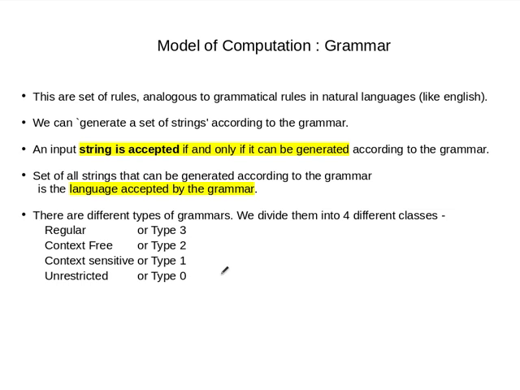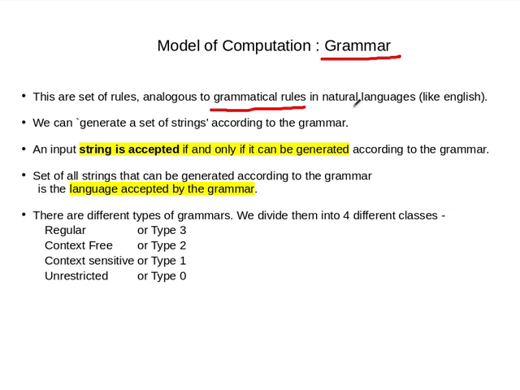So another model of computation is grammar. And they are, as I mentioned before, grammatical rules as we have in natural languages. These rules allow us to generate strings, as opposed to the automata model, where you can think of it like a machine going through the strings one by one.